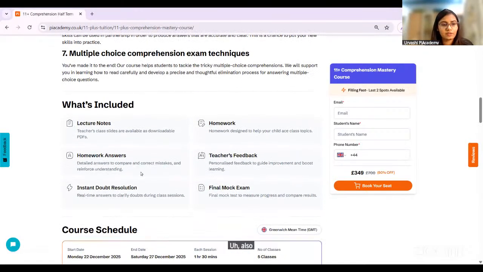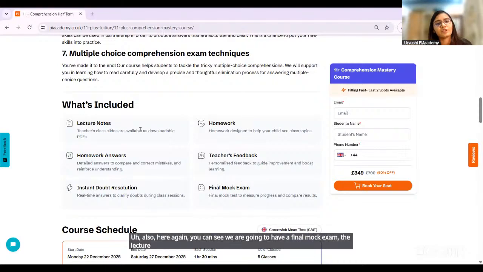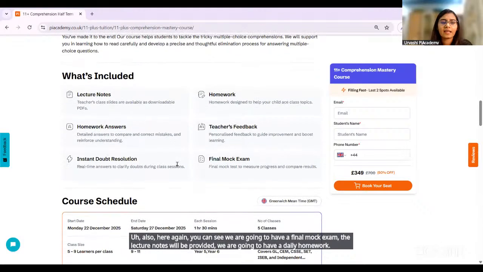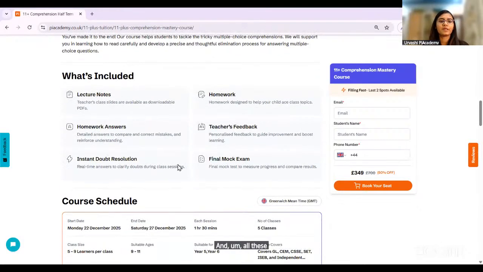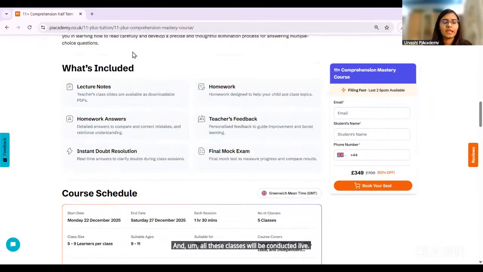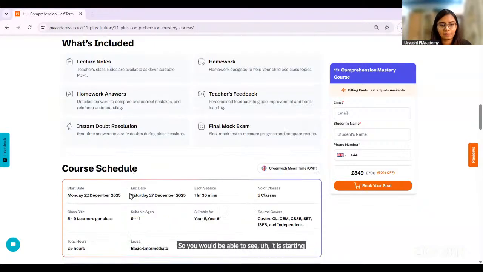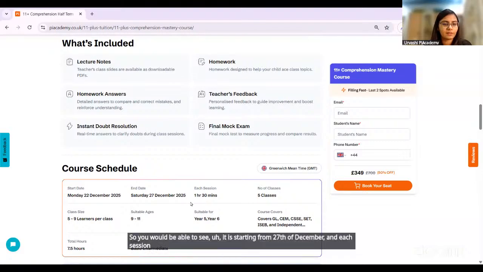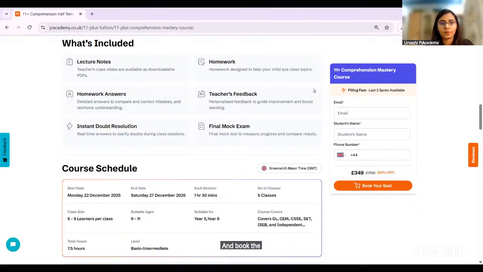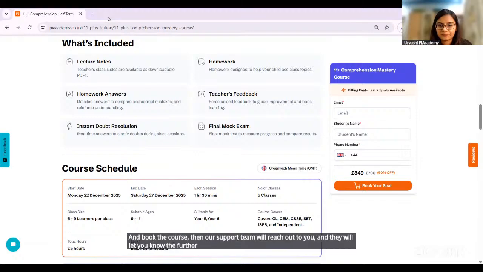Here again, you can see we are going to have a final mock exam. The lecture notes will be provided. We are going to have daily homework, and all these classes will be conducted live. It is starting from 27th of December, and each session is going to be 1.5 hours long. All you need is to fill in this form and book the course. Then our support team will reach out to you and let you know the further process.